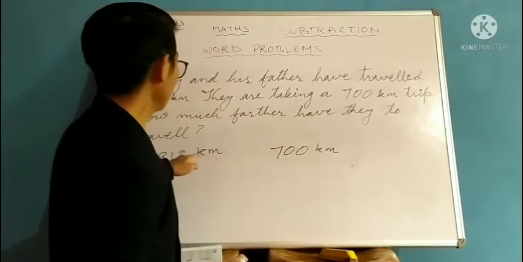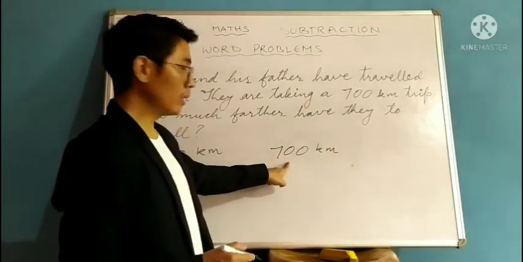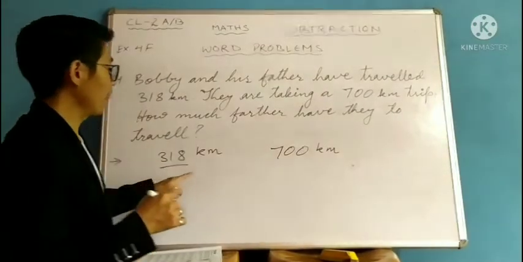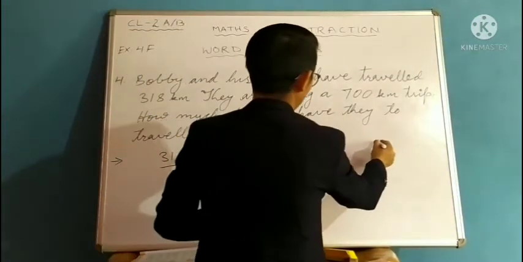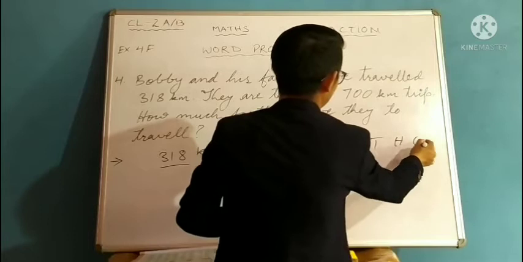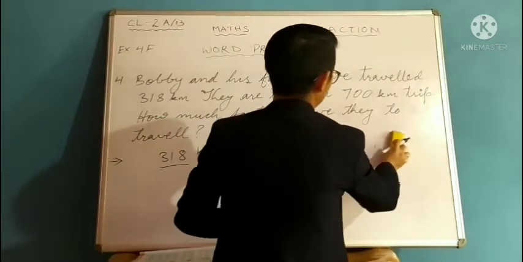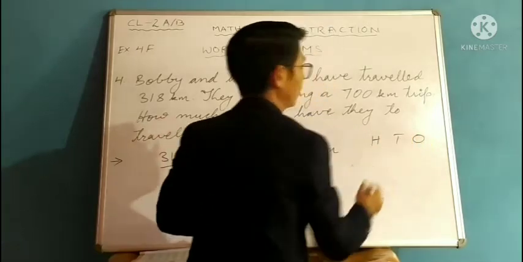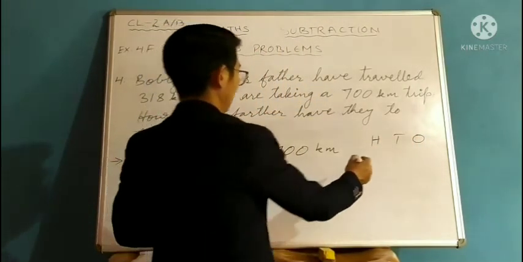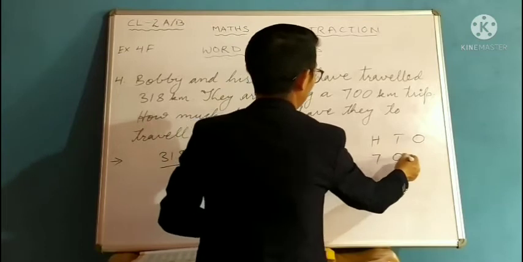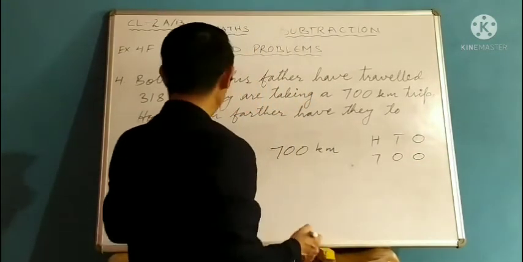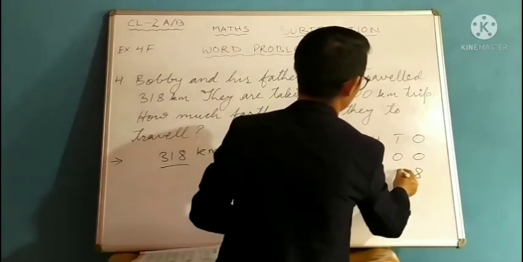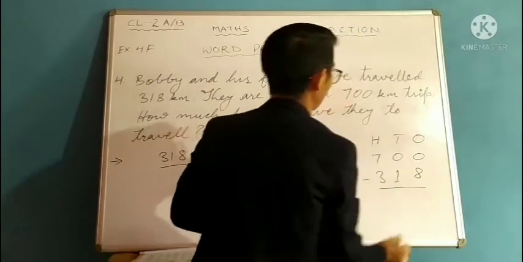You can see 700 is the bigger number and 318 is smaller. Let us do the sums. Let me write hundreds, tens, ones. Now let me write 700 first, which is the bigger number, and 318 below.